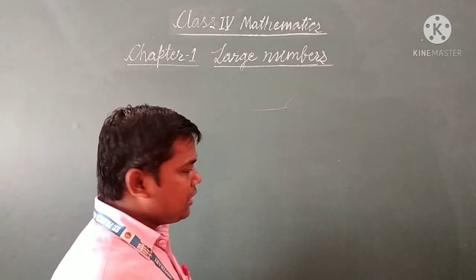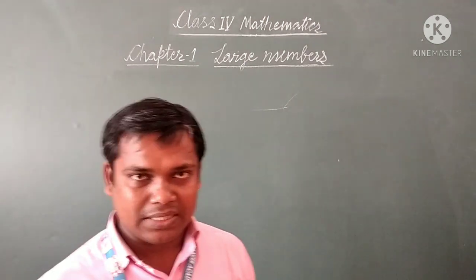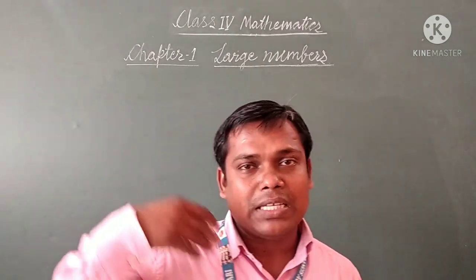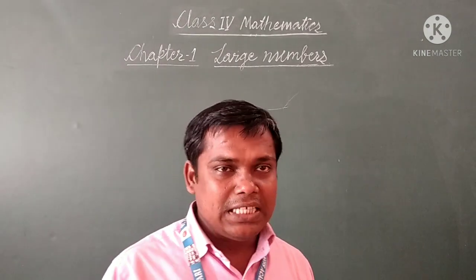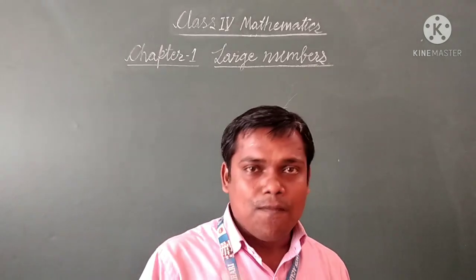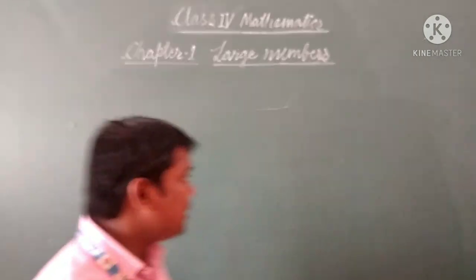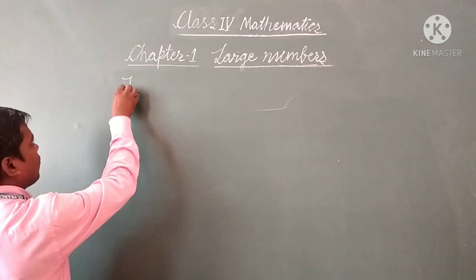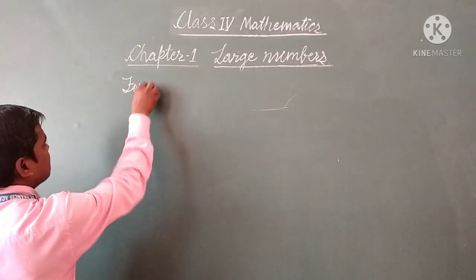With the help of these digits we form numbers. Here, if some digits are given and it says to write the possible numbers formed with the given digits, the topic name is formation of numbers.